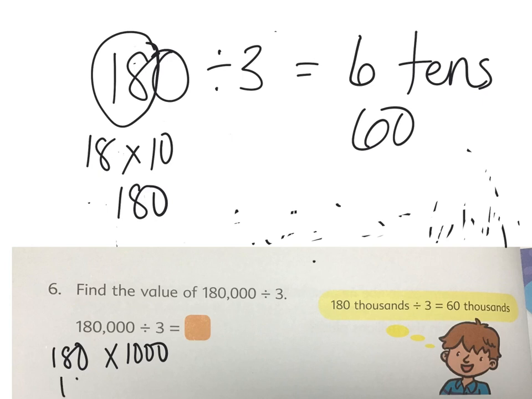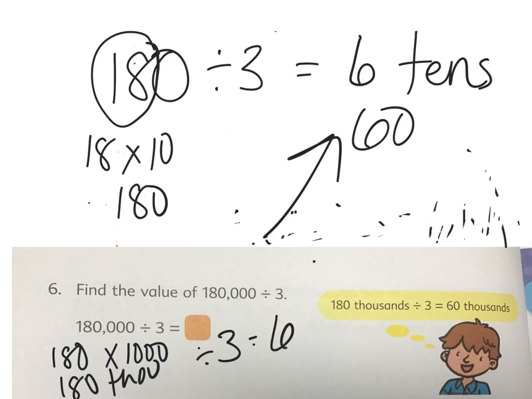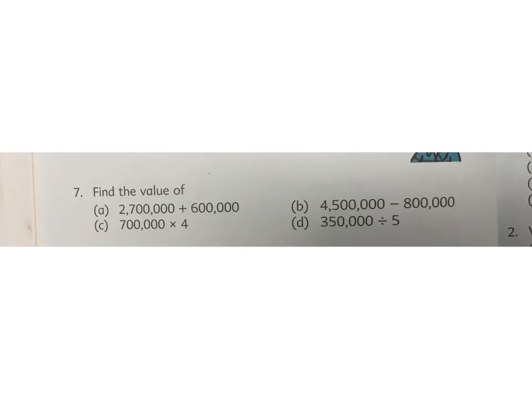So 180 thousands divided by 3, just like up here, is going to give me 60,000. 180,000 divided by 3 is 60,000. Do you see that? Let's go to the next one.